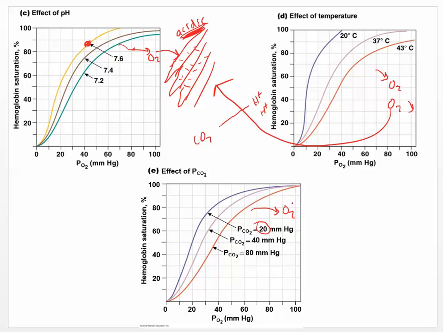I'll just let you have it. And the muscle cell says, thank you very much. We are producing a lot of carbon dioxide because we're working so hard, and we could really use that oxygen. So you have three things. You have pH, you have temperature, and you have carbon dioxide levels that all favor giving up that oxygen when you have a cell that's working very, very hard. Okay, so that's really important.